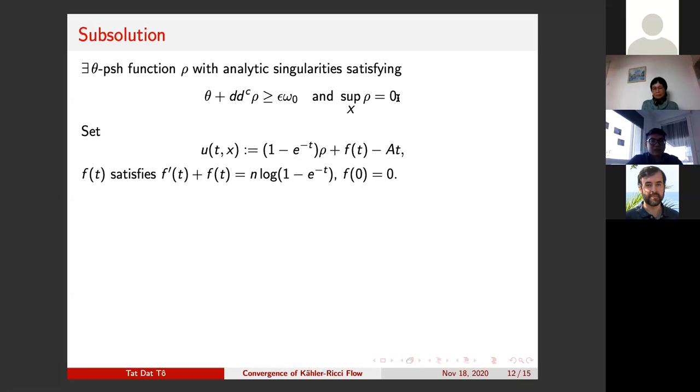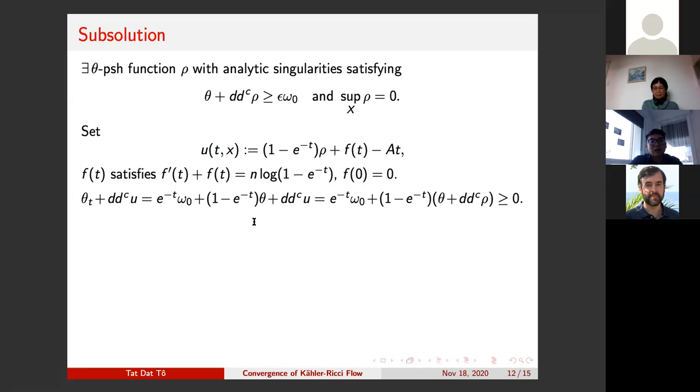And then we set the function u(t,x) is (1 minus t) rho plus f(t) minus A t. So the constant A will be chosen later. And the function f(t) is the unique solution of this ODE equation. So I will say why we choose this equation.